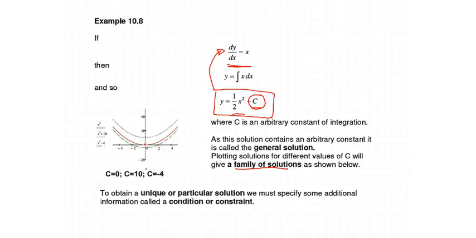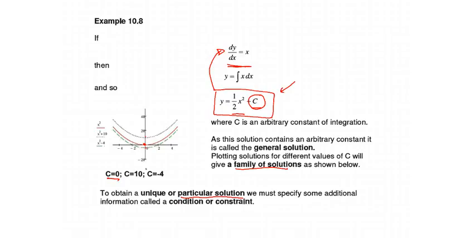When you have decided, no, I definitely want y to equal 0 when x equals 0, so it's at that point there, my constant therefore will be 0. In that particular case we call that a particular solution. A particular solution is different to a general solution.